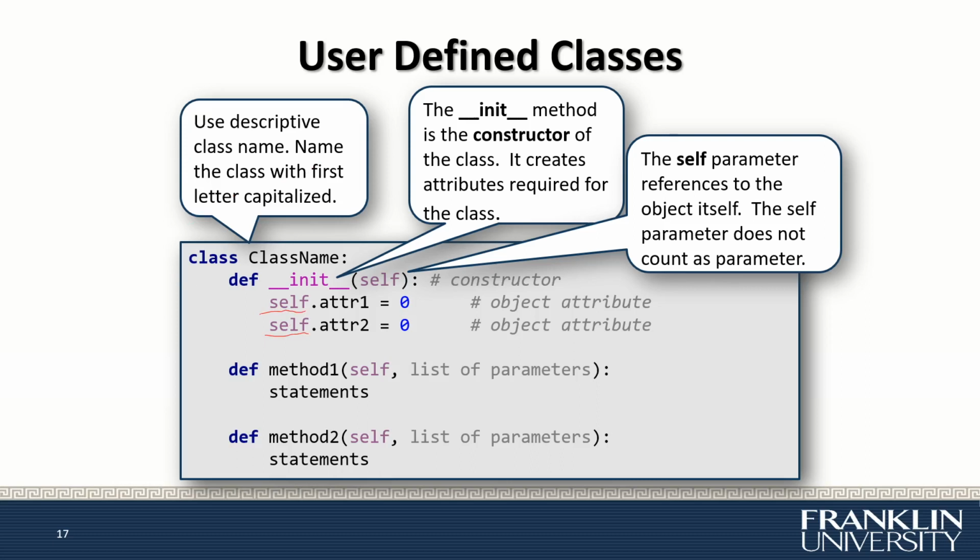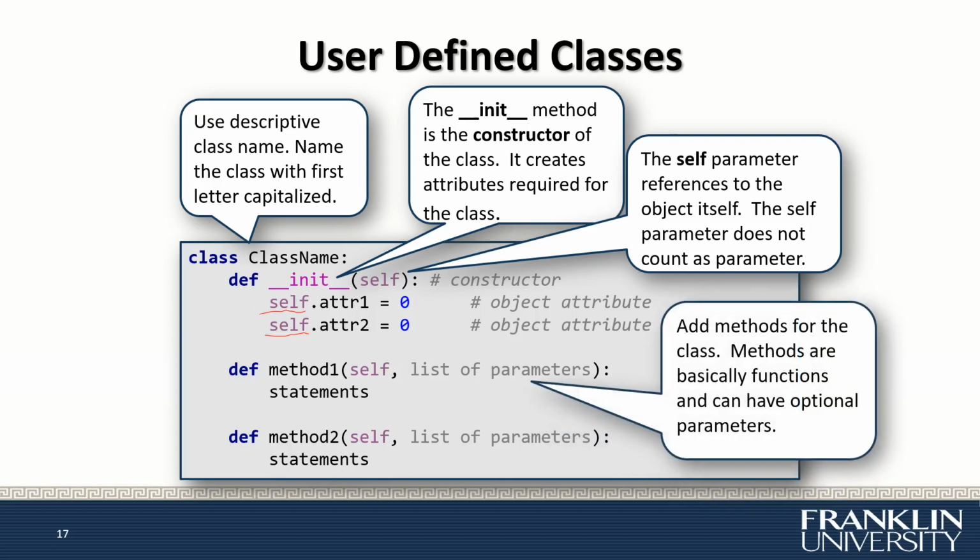With self dot and the variable name, this tells Python this is an instance variable. You can still have local variables, and a local variable will not have self dot in front of it. So that's how Python distinguishes between an instance variable and a local variable.